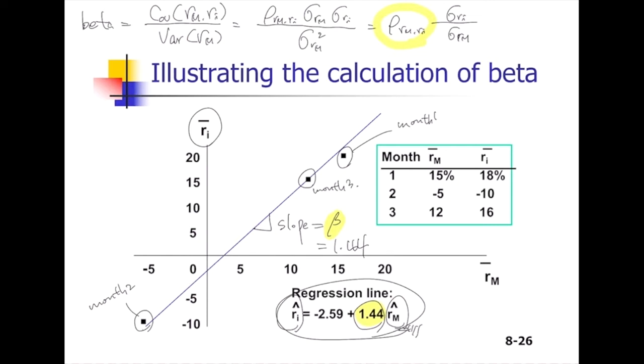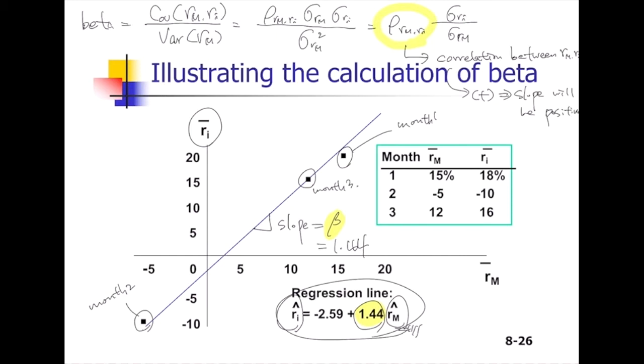What does it mean? The correlation between Rm and Ri. If this is positive, the slope will be positive, right?